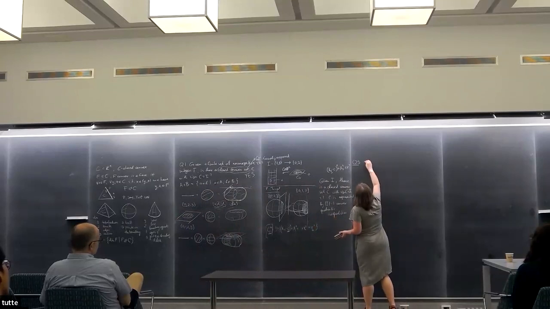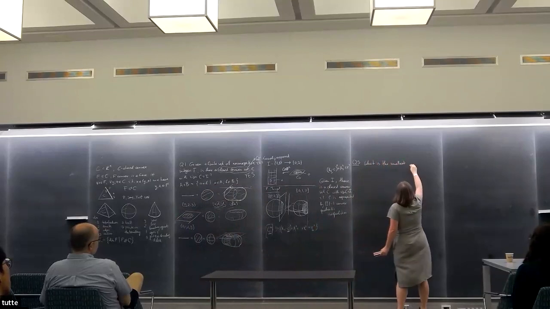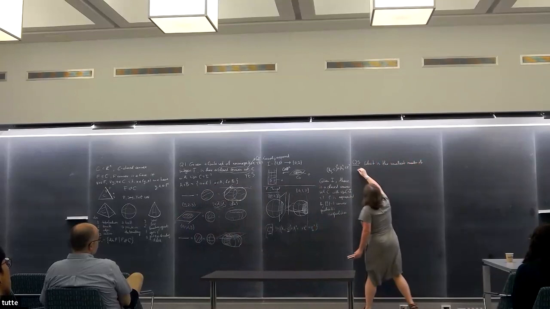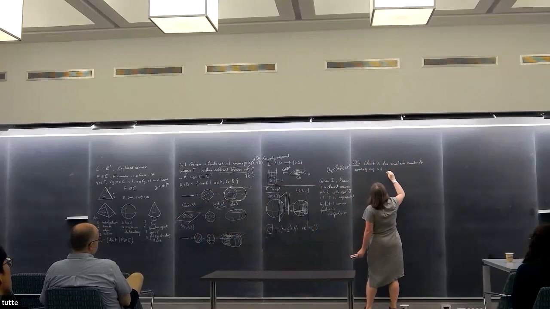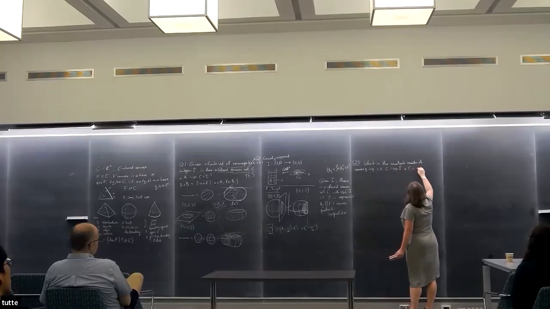So question 3 is, what is the smallest number of inequalities such that C has this signature and C is represented using these inequalities?